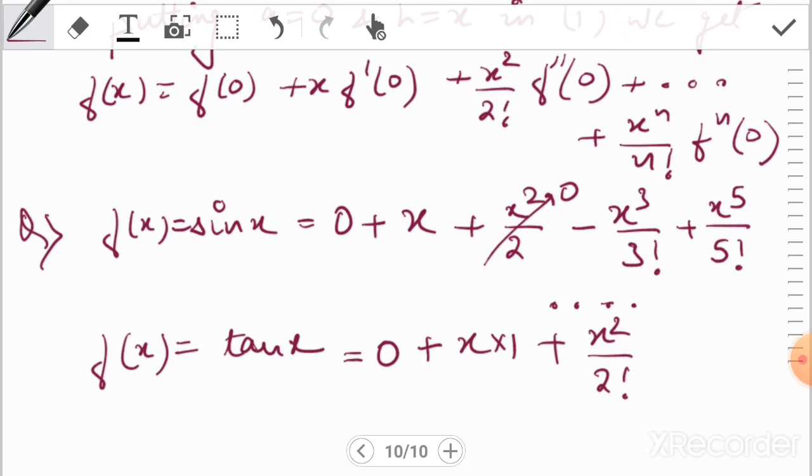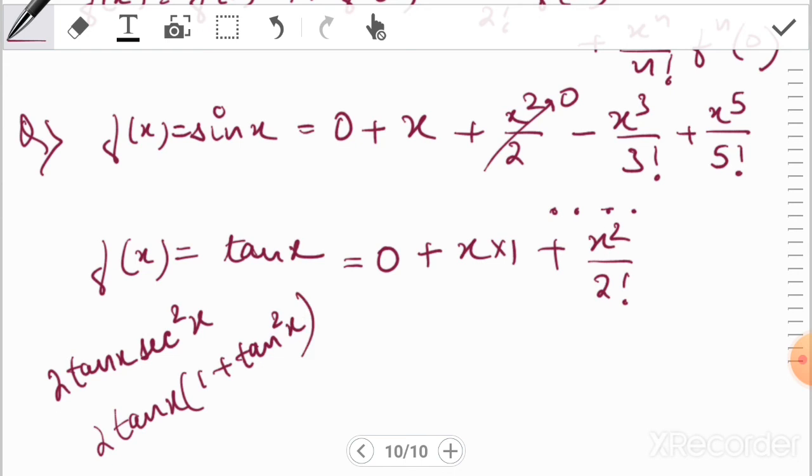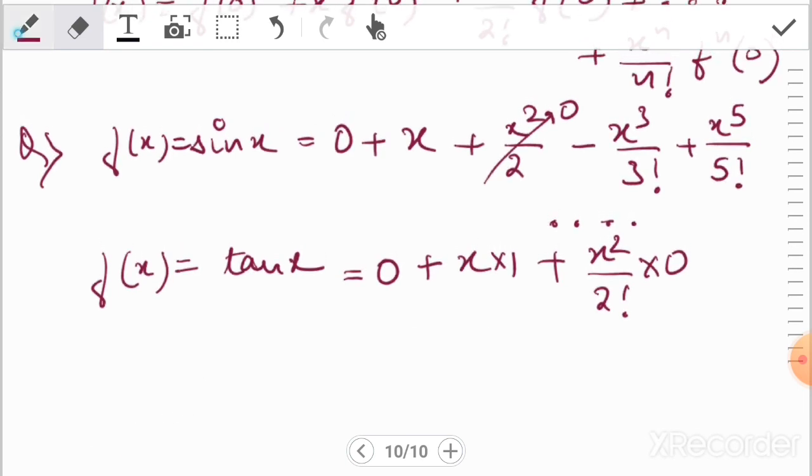Differentiating sec square x again with respect to x, we get 2 tan x sec square x, which is again 2 tan x (1 plus tan square x), and at 0 this is 0, so the whole term is 0. So this way you can proceed. So next will be x cube by 3 factorial into 2 and so on, right?